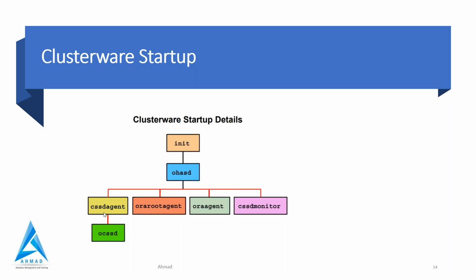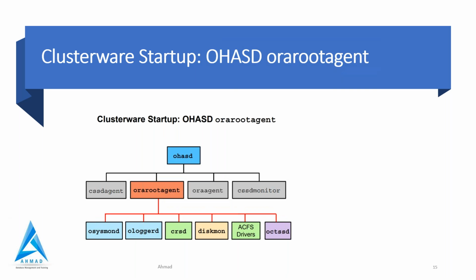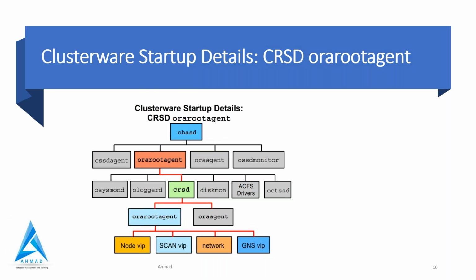Clear? Then, at the next level, the Oracle root agent will start these six processes: OCSMON, OLOGGERD, CRSD, DISKMON, ACFS, OCTSSD. Then the CRSD will again start an Oracle root agent and an Oracle agent.